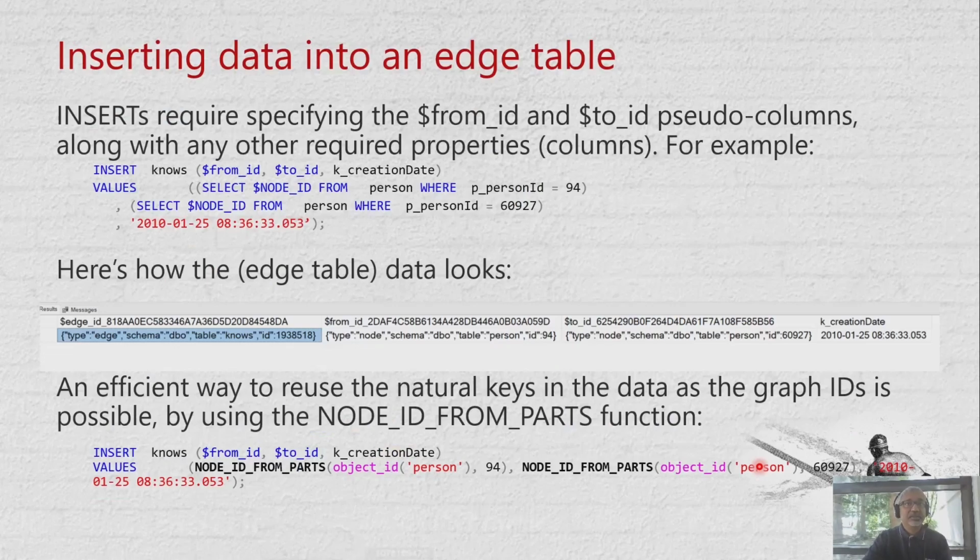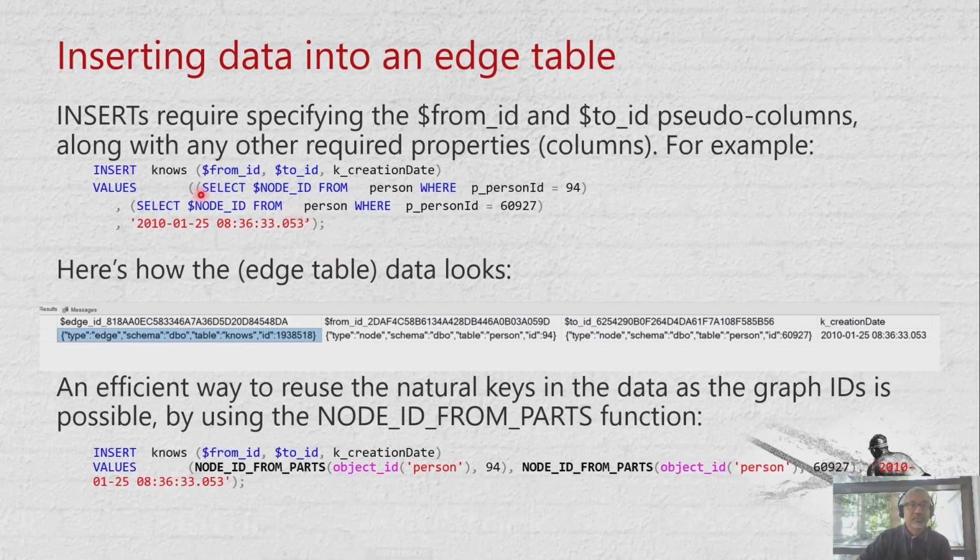How do you insert data into an edge table? This is again where it gets interesting. An edge table, as we mentioned, connects two nodes in the graph. And as we also mentioned, you might remember that an edge can connect any node to any other node in the graph. And that's where you have to be very, very precise in terms of where is the from and where is the to node that you're connecting.